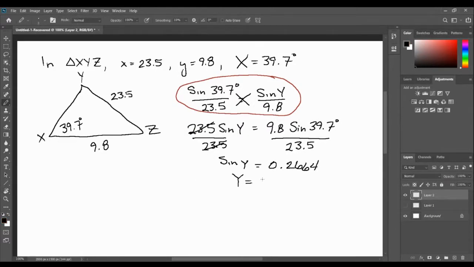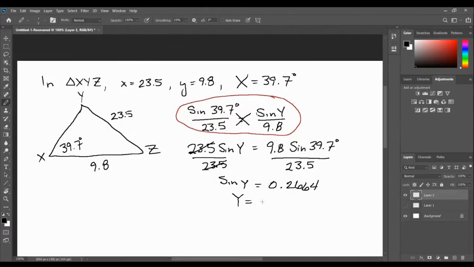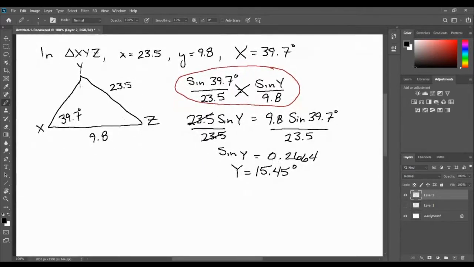Okay. So now my angle y would be the arc sine of the 0.2664, which comes out 15.45 degrees. So that's our angle y.